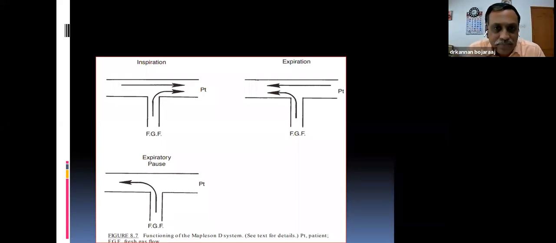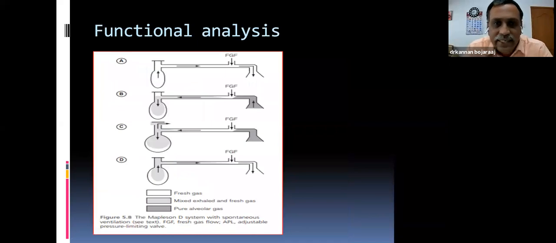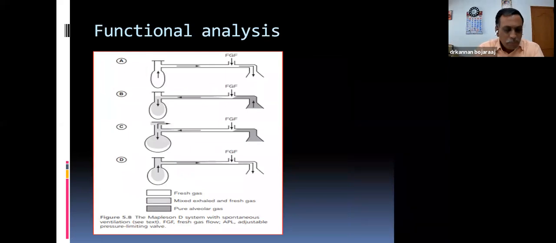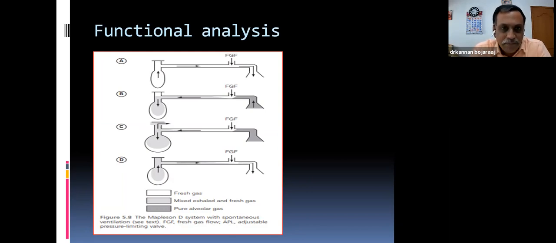Okay. Now you can understand these schematic diagrams of the functional analysis of the Bain circuit system during spontaneous ventilation. See the first respiration, figure A: the fresh gas flow enters as close to the patient end of the breathing system, and the system including the reservoir bag is filled during the first inspiration.